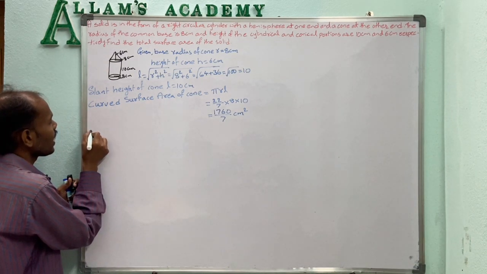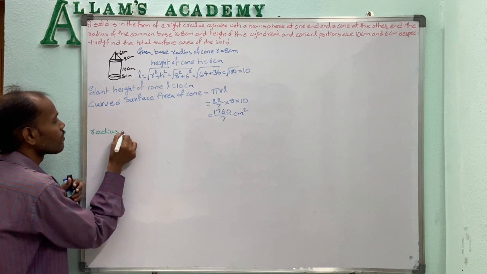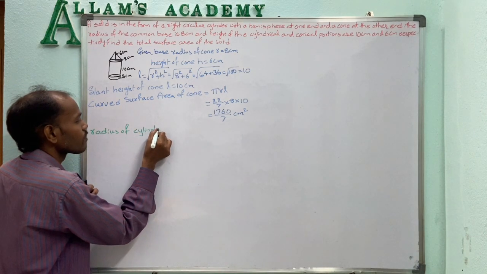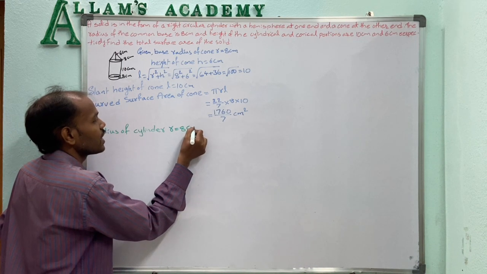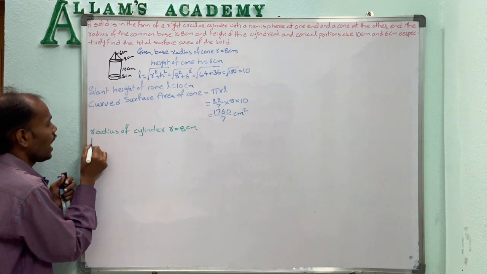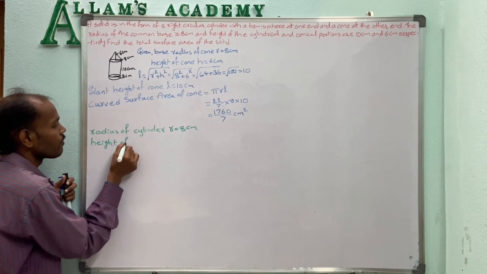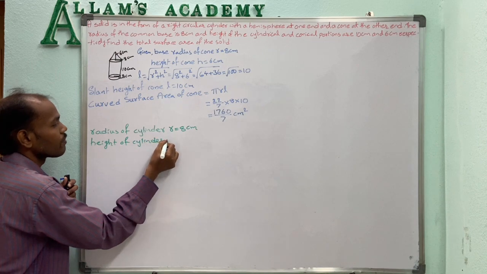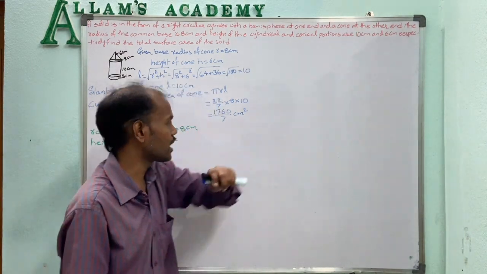Given radius of cylinder equal to 8 centimeters and height of cylinder 10 centimeters.